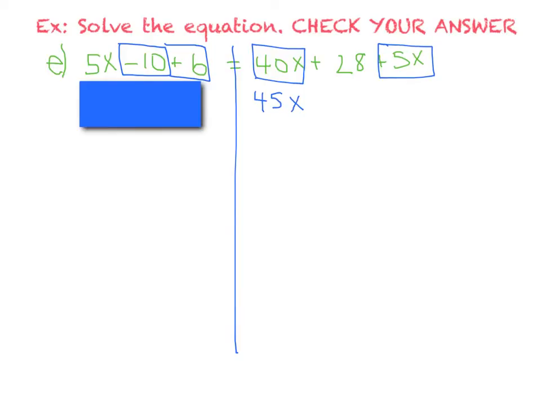A common mistake that people make sometimes is they forget to put the x. So don't do that. Don't forget that x. Let's drop our 28 back down into the problem. And there we go. Now we've got the right-hand side simplified.